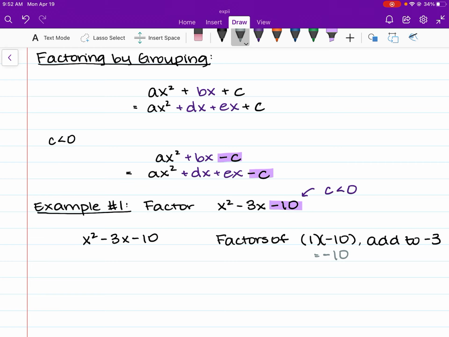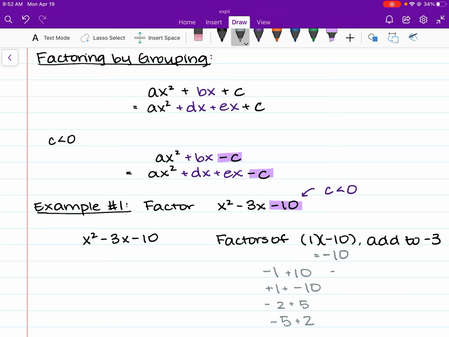We have negative 1 and 10. We have positive 1 and negative 10. We have negative 2 and 5. We have negative 5 and positive 2. So what if we were to add them? What if I were to go in, erase these commas, and what if I were to add these factors?